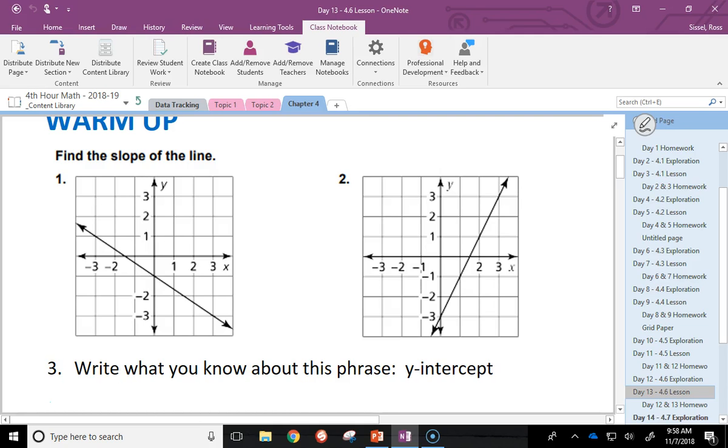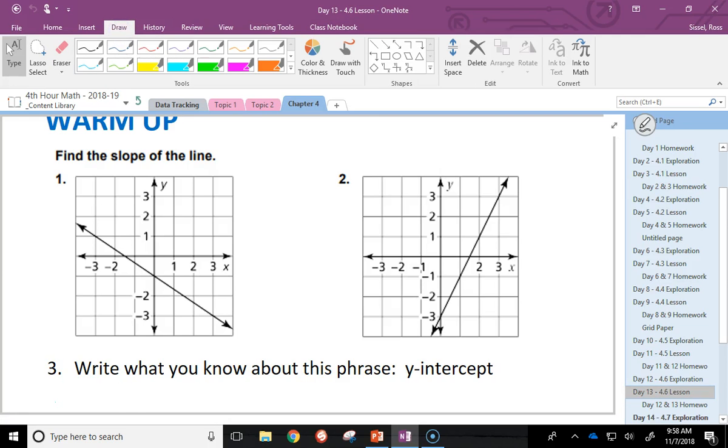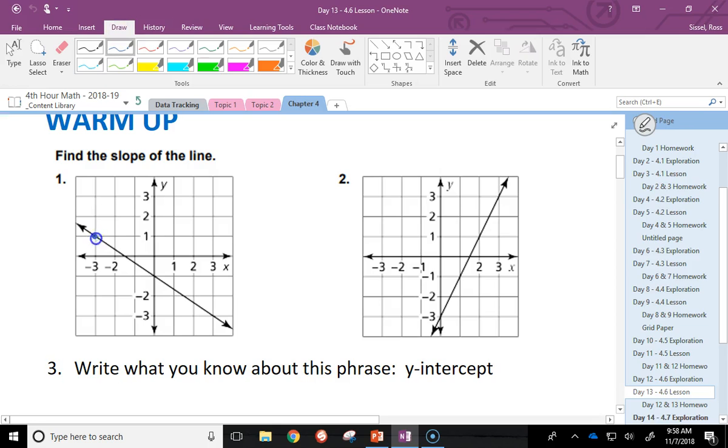Find the slope of the line. How do I find the slope if there's a graph picture? You pick 2 points. Good. We make 2 points. Looking at this, I found one right here, this is an easy one. It is -3, +1.